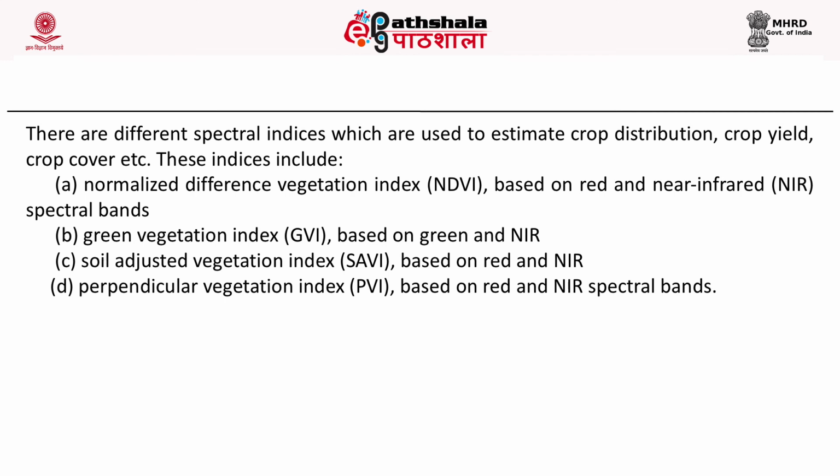The green vegetation index, GVI, based on the green and near infrared wavelength bands. The third one is soil adjusted vegetation index, SAVI, based on the red and near infrared bands. The next is perpendicular vegetation index, that is based on red and near infrared spectral bands.